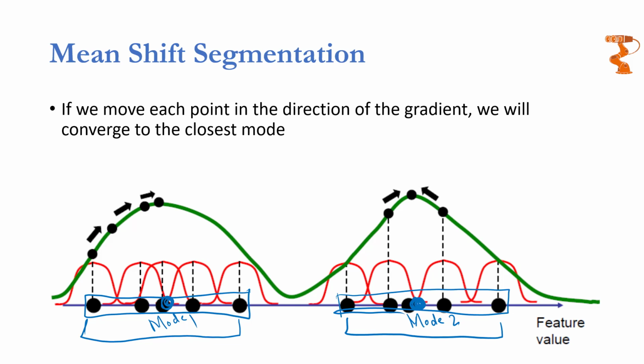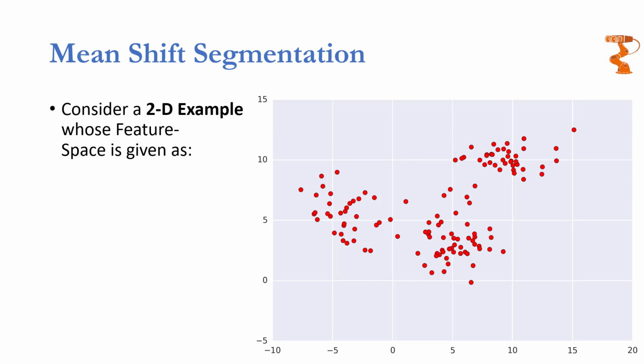This example was quite a simple one, that is, we only used a one-dimensional feature space. In the next slide, I'm going to discuss an example which involves a two-dimensional feature space. So how this mean shift segmentation is going to happen over there. So consider this 2D example whose feature space is given like this.